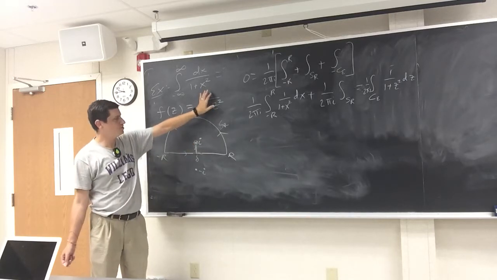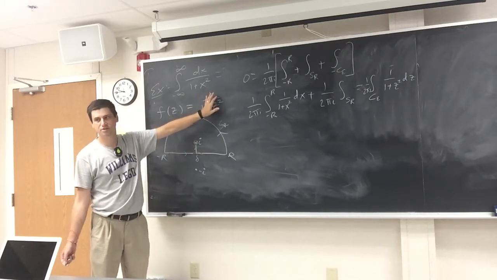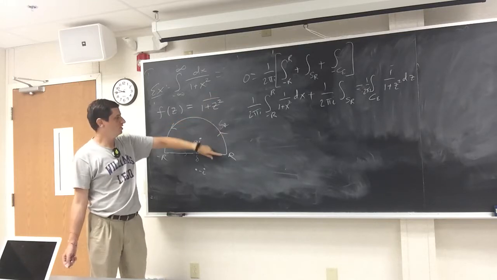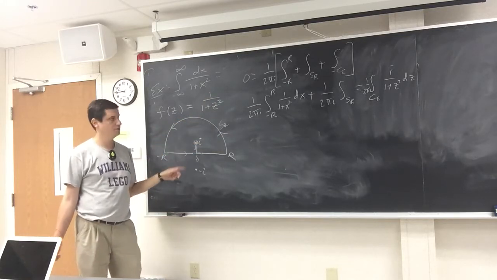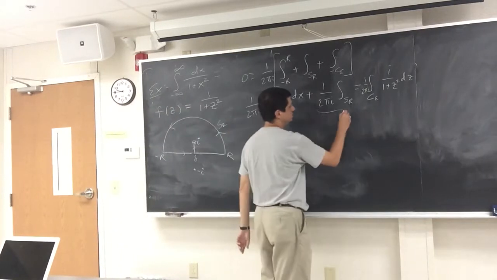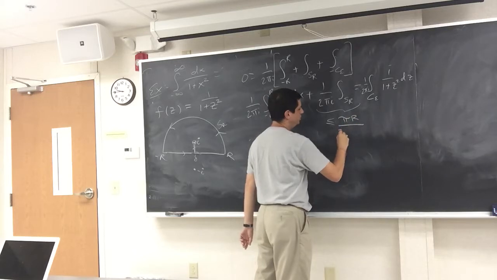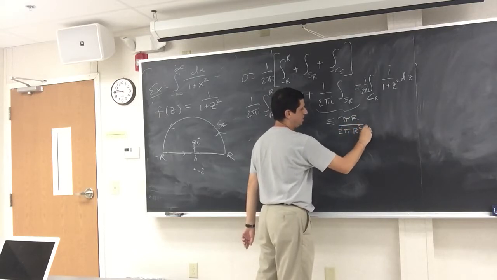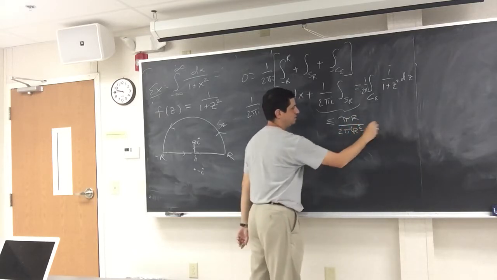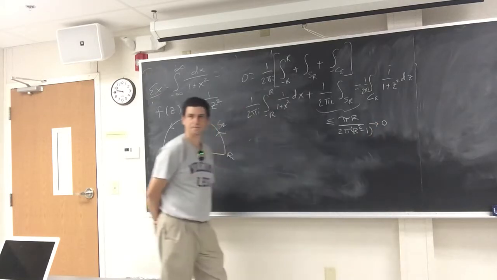So the value of this function in absolute value is at most 1 over r squared minus 1. The circle has perimeter pi r. So this piece is less than or equal to pi r over 2 pi times r squared minus 1 in absolute value. And that goes to 0.